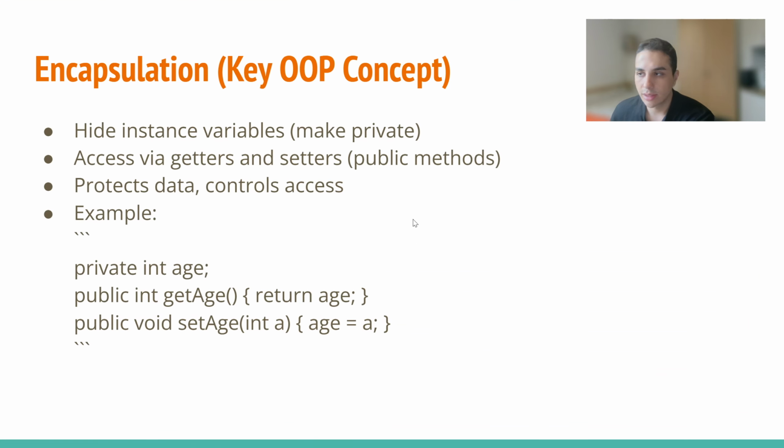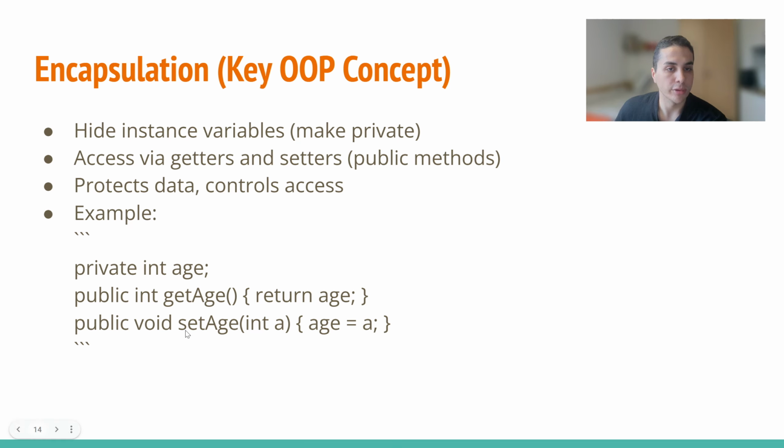If you are asked to describe encapsulation of instance variables, a simple answer is that encapsulation means making your data members private and providing public methods to access them, thus hiding the internal state of the object from direct outside manipulation. In this example, we have a private int age and a public int getAge, which returns the age.